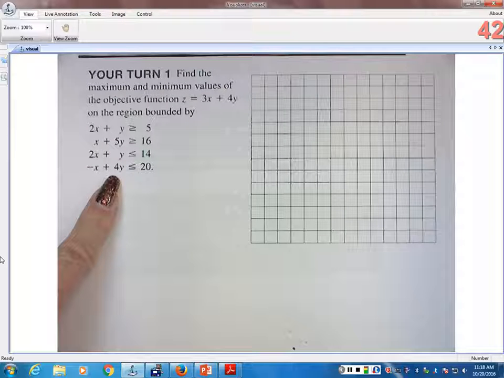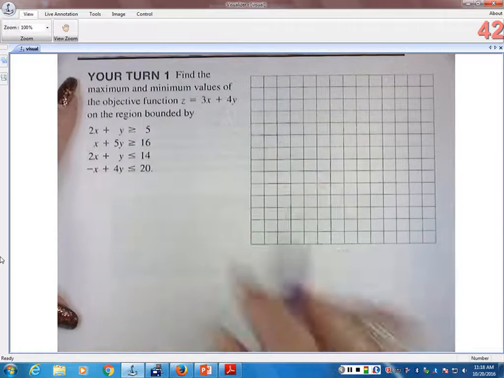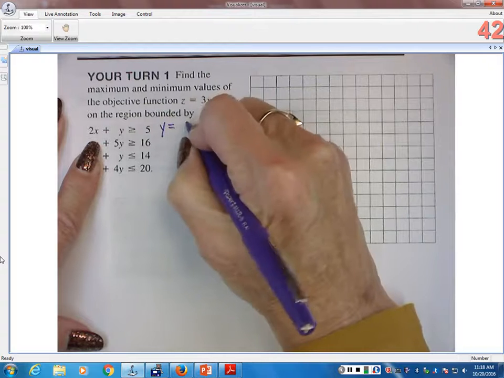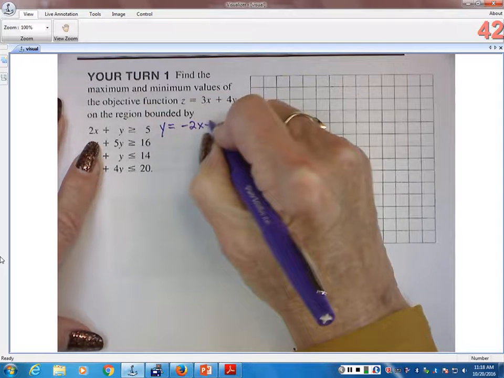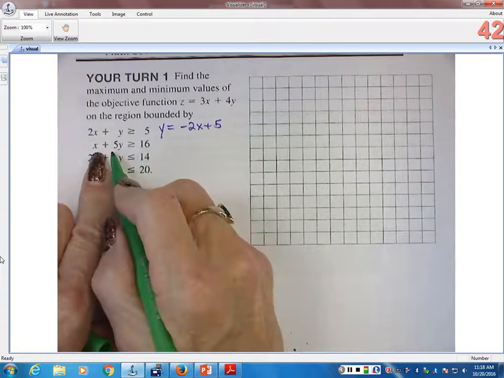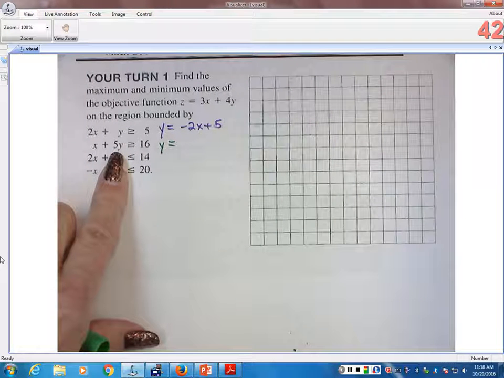I'm not going to do the shading, but I'm going to graph the lines, because then I don't have to go through the matrices process to find your corner points. We can actually just look for intersections on the calculator. So this boundary line is going to be y equals negative 2x plus 5. This one is going to be x plus 5y, or will translate to y equals, and I'm going to cheat a little bit here.